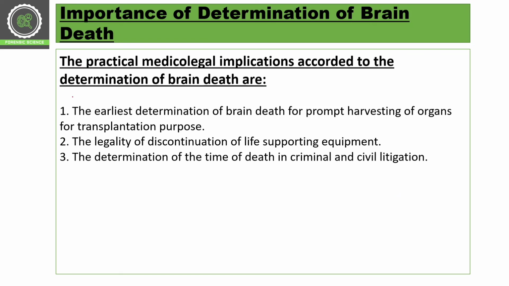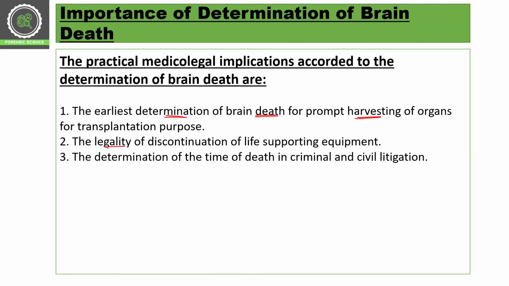Now, why is it important to understand the situation? Because we have three important points here. If we want to demonstrate brain death and harvest organs, then it is very important to harvest all the important organs as soon as possible, because respiration will stop and the circulation of blood will stop.